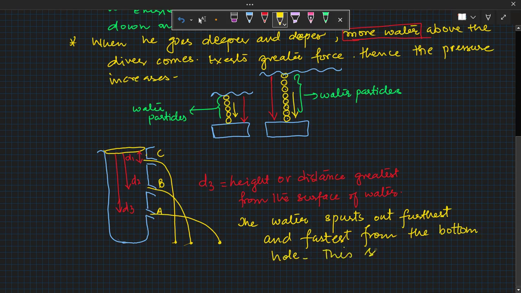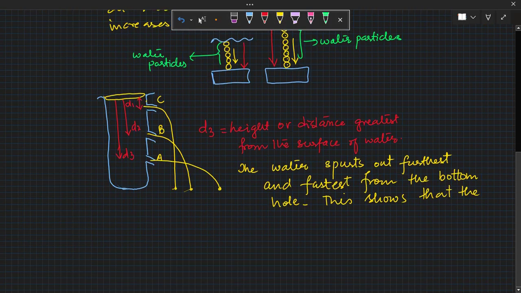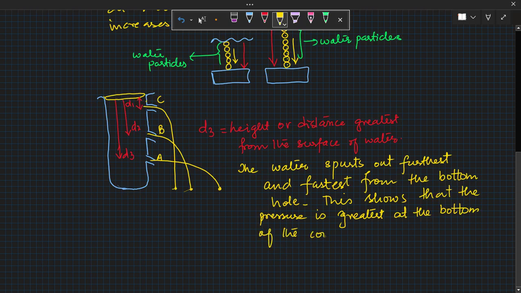And so what does this show? We have already understood this concept. This shows that pressure is greatest at the bottom of the container, right? Okay.